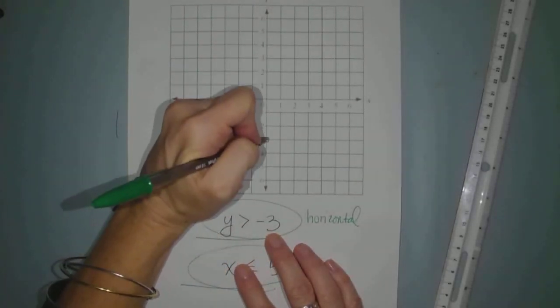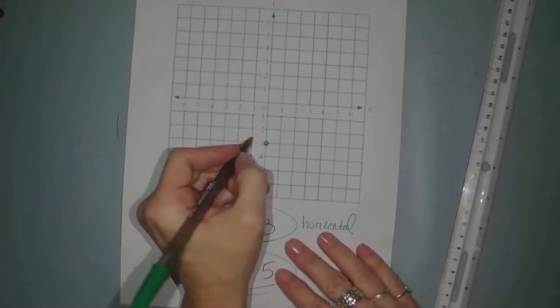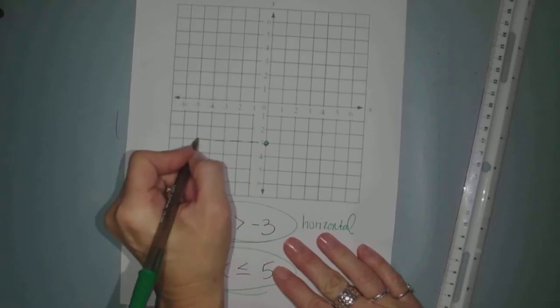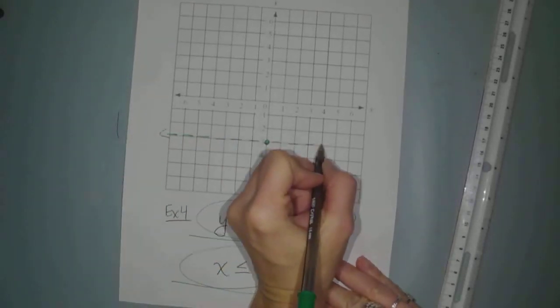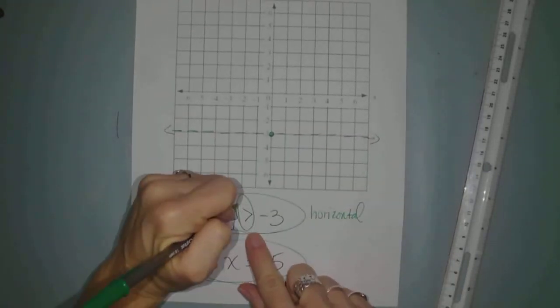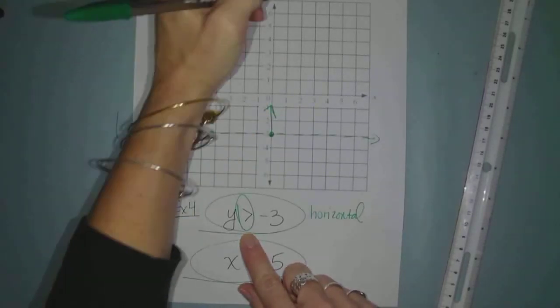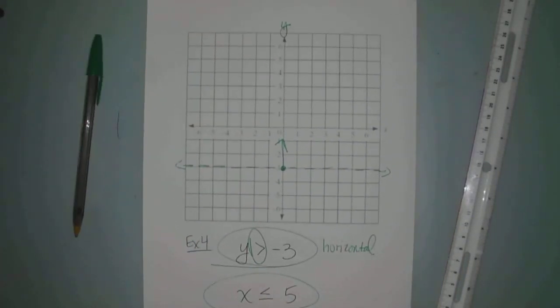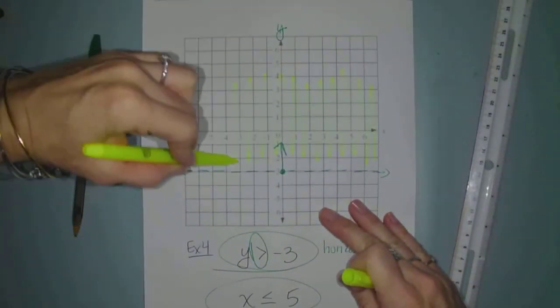So come down to y equals negative 3. You're going to draw a dashed horizontal line there because the symbol doesn't have the equal to on it. And you're going to shade greater than. So here's the y-intercept. Greater would be up, the y is greater. So you color this side. Here are all the y values greater than negative 3.